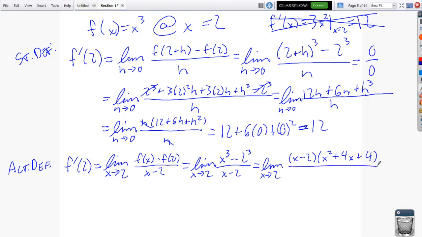And I'm just checking that real quick. x cubed, then 4x squared minus 2x squared. No, that doesn't work. Oh man, I'm messing up horribly on how to factor this out.